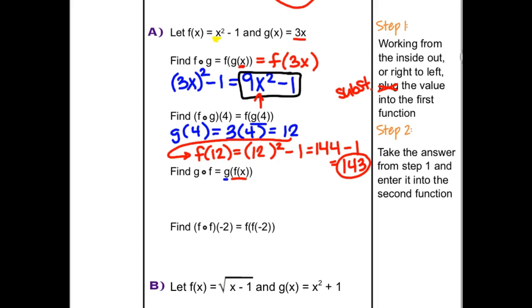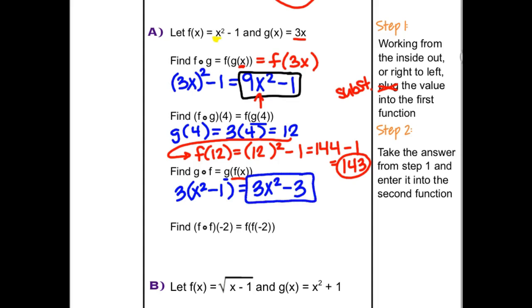So g is 3x, but we're going to put f of x in there, which is x squared minus 1. Just like we did yesterday, we're going to distribute. So we get 3 times x squared, which is 3x squared, and 3 times negative 1, which is minus 3.